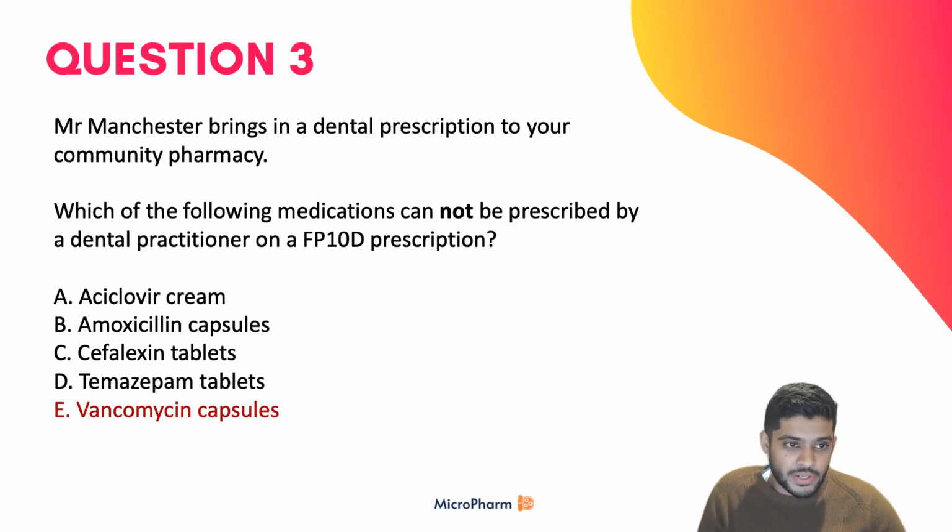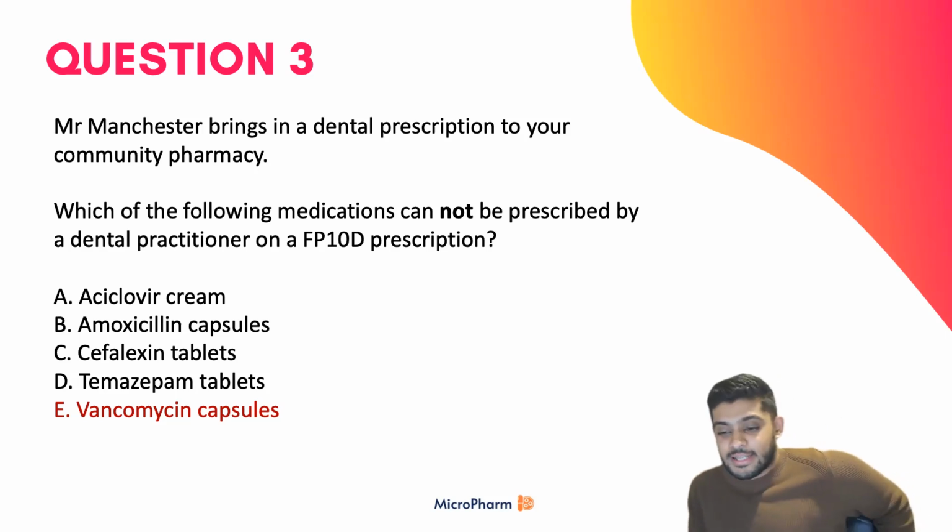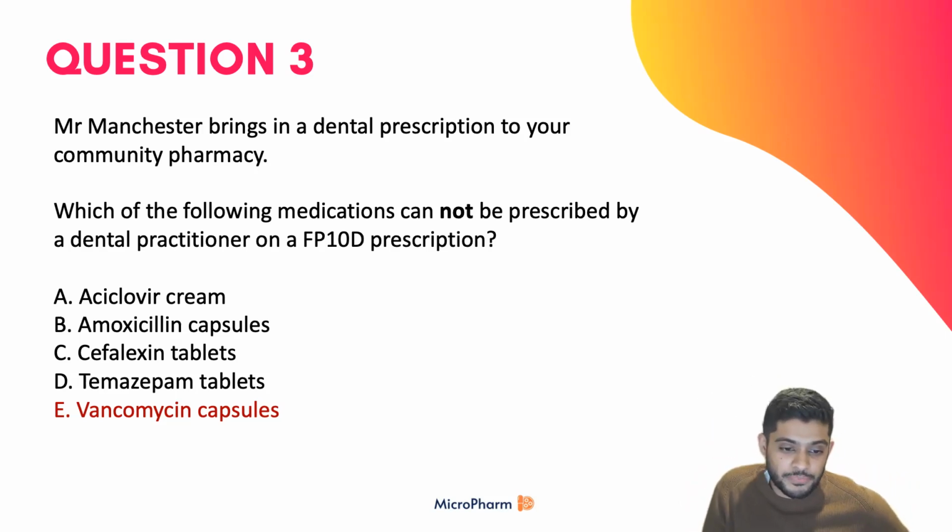The reason why I was asking you that question is I was trying to challenge your beliefs as to why it would be used, because a dentist giving you an IV of vancomycin, logically, should ring alarm bells. But you can only understand that when you truly understand the indications for different medications. Why would they use temazepam?